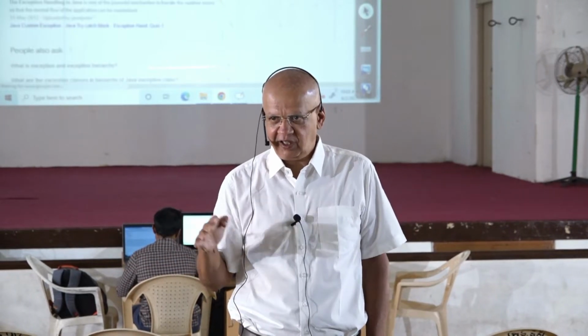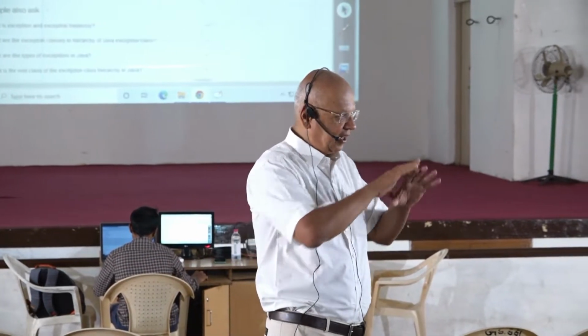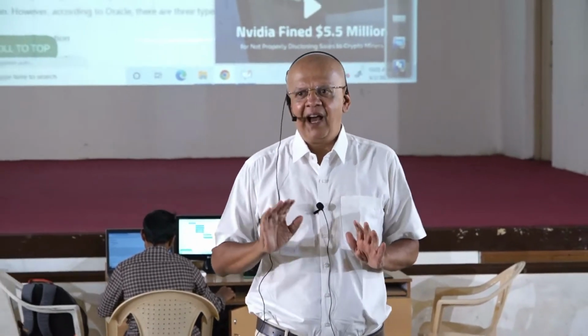Now user-defined is my own category. It is not an official category. User-defined is exceptions which have been created by us, defined by us, and which can belong to either checked or unchecked. Okay, so that is how the exception family is broadly categorized. Now before we start working with it, I will crudely define what is an unchecked exception and what is a checked exception.